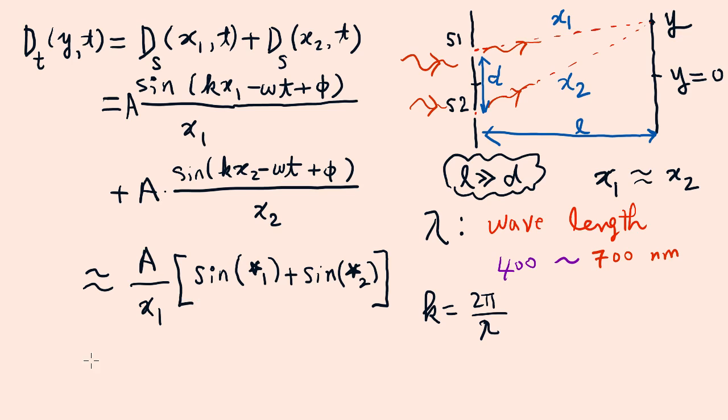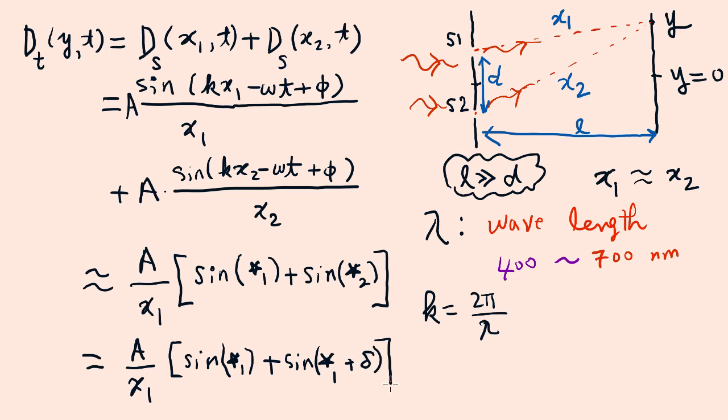Okay, so what's really important is the difference between these two phases. So then this becomes sine star 1 plus sine of star 1 plus delta. So what do I mean by delta?